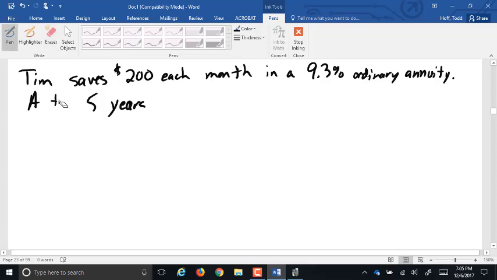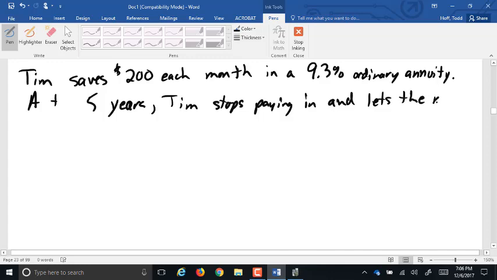At 5 years, Tim stops paying in and lets the money stay in the account for 25 more years.